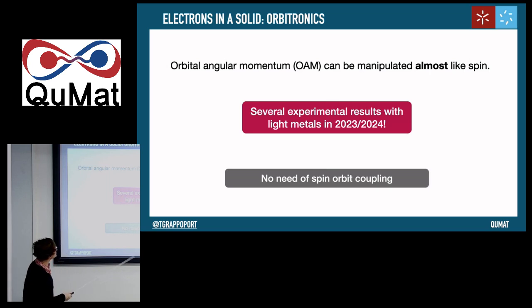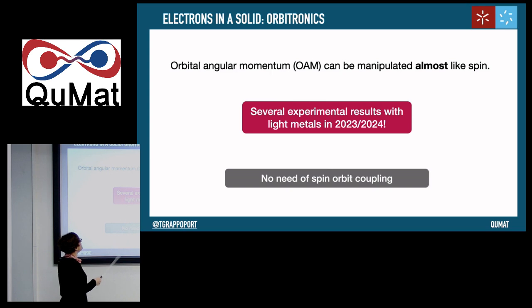The answer comes from the idea I was discussing before, that in the case of spintronics, if you don't use magnetic materials, the only way to make the electric field interact with the spin is through the spin-orbit coupling. But in this case, orbital angular momentum can be manipulated directly with an electric field.